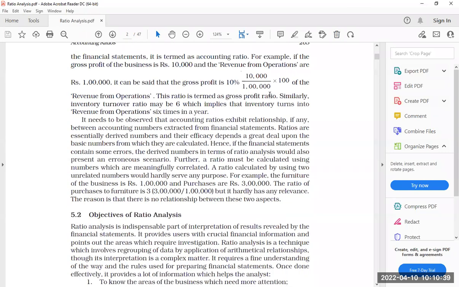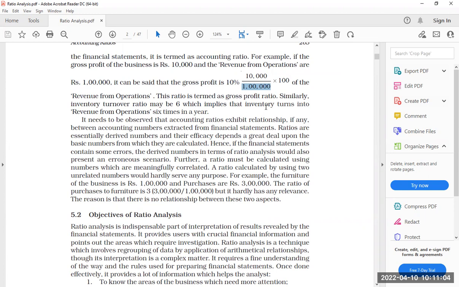Look at this simple example. 10,000 rupees is the profit and 1 lakh rupee is the sales. So the profit to sales ratio, we simply say as profit ratio, net profit ratio. What is net profit? Sales minus all direct and indirect expenses is called net profit.